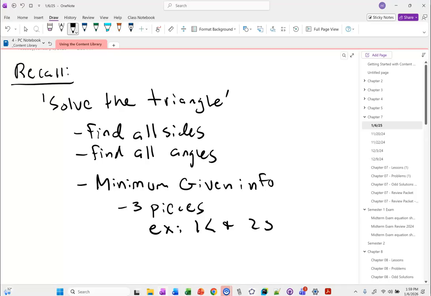Yeah. The only exception, what 3 pieces of information aren't going to get you anywhere? Think hard. 2 angles and a side is great. That's wonderful, right? 3 angles. Yes!